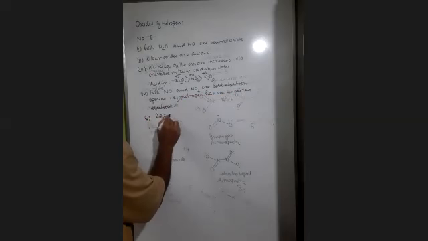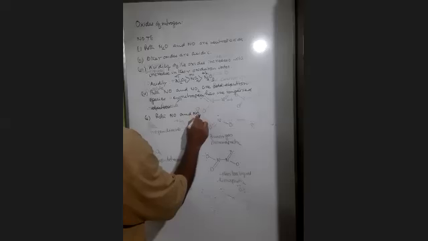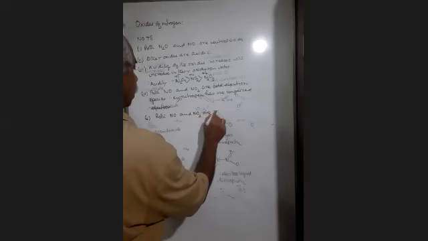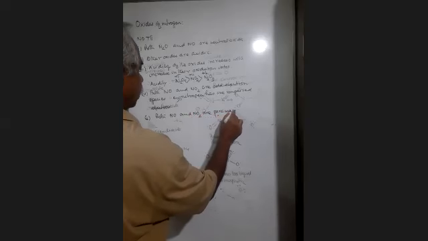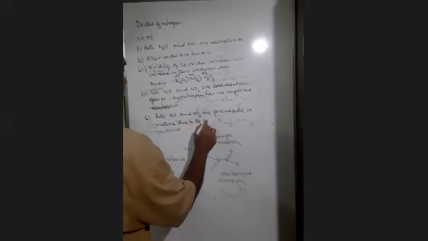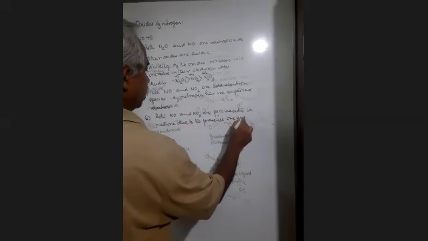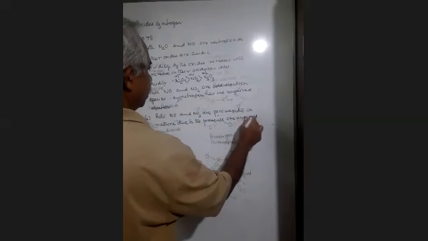Fifth, both NO and NO2 are paramagnetic in nature due to the presence of one unpaired electron.